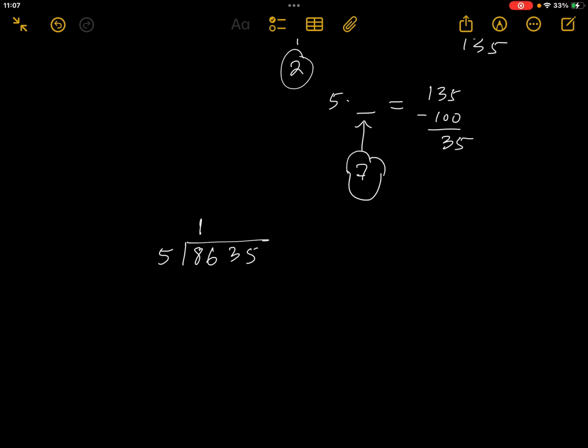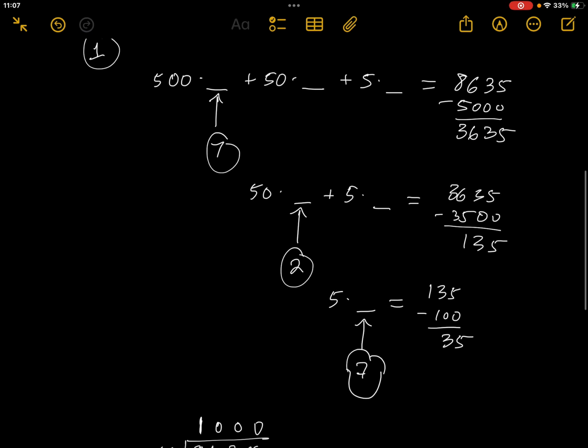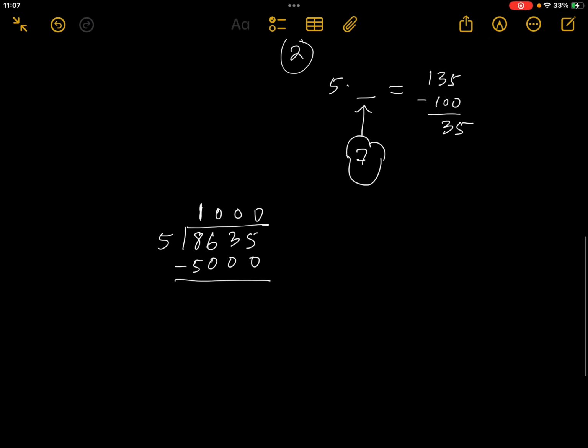I'm looking for what number I can multiply by 5 to get a number that's less than 8, but if I had a bigger number, it would be more than 8. So that's a 1. So what I'm essentially doing is I'm taking a 1,000. 5 times 1,000 is 5,000. If I subtract that, notice that I was subtracting here, right? That's exactly what this step is. I get 3,635.